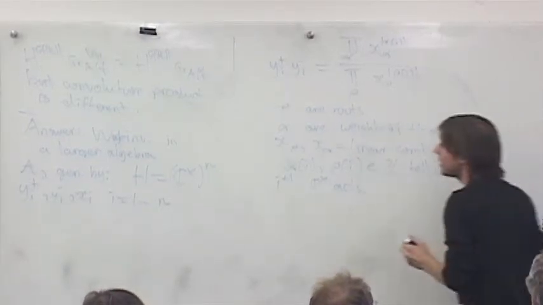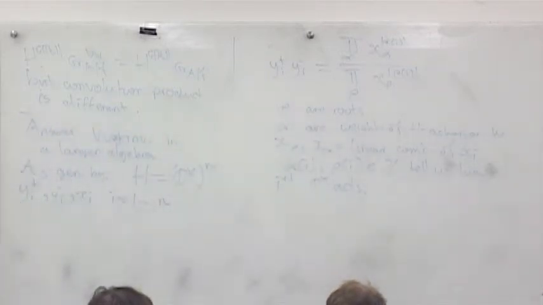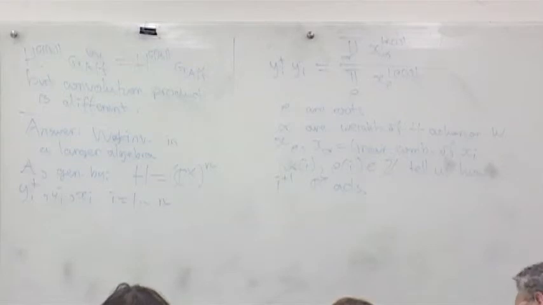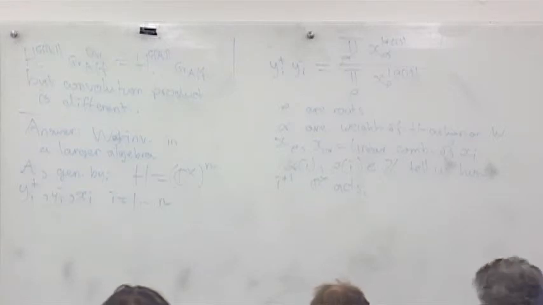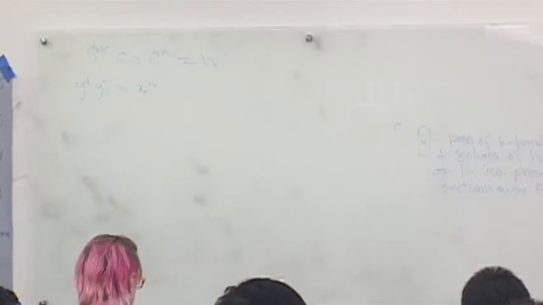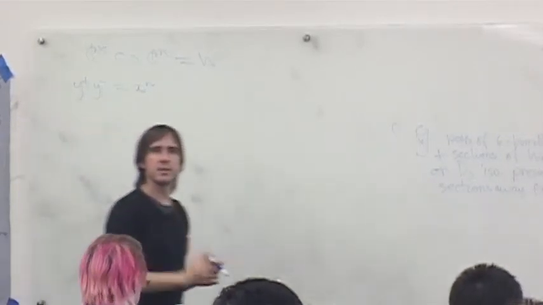Okay. So for example, in the abelian case, here's an example. Suppose that C star acts on C to the n, which is this vector space W, then we find the relation y plus y minus is equal to x to the n, which is what Judah wrote.